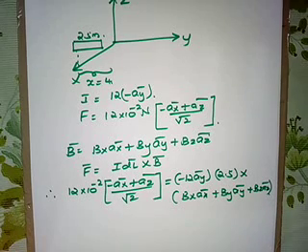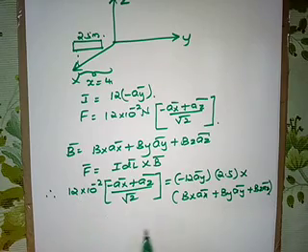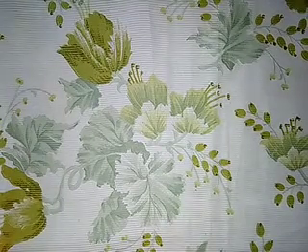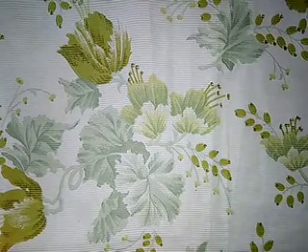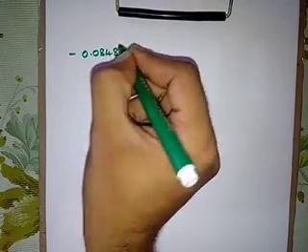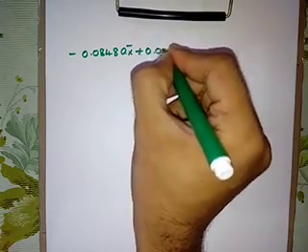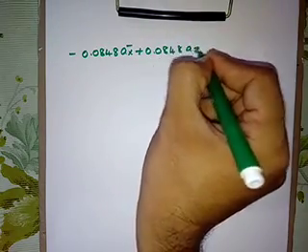Now let us simplify this. If we consider 12 into 10 raised to minus 2 divided by root 2, we get minus 0.0848 AX bar plus 0.0848 AZ bar.